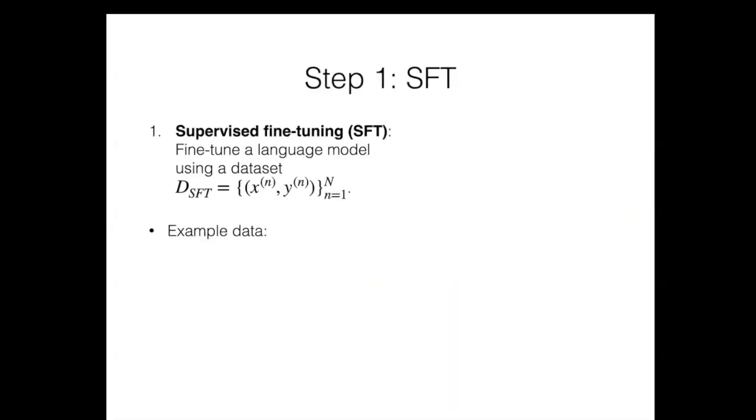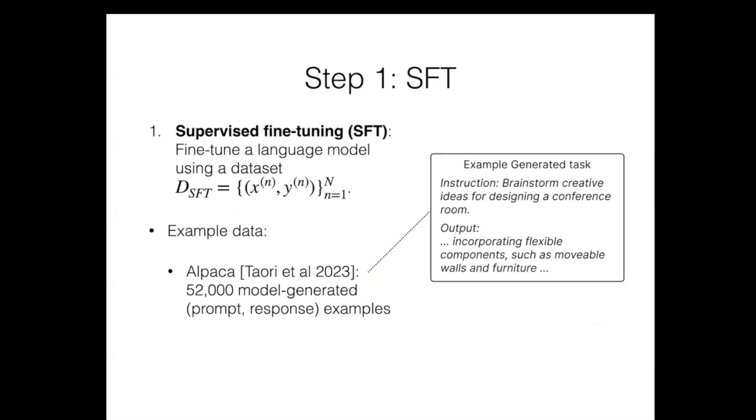Okay, so the first step is supervised fine-tuning. Nothing too surprising here. Again, you want to collect this data. Here we're in this open-ended setting where you have a chat model or instruction following model. If you think back to our fine-tuning lecture, we talked about a lot of techniques for coming up with these data sets.